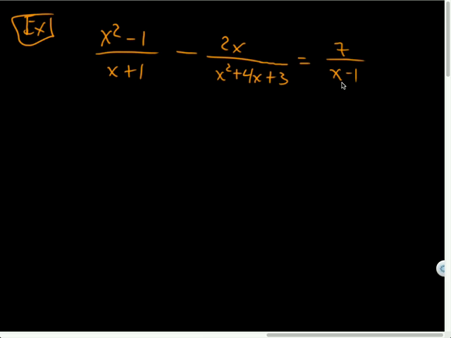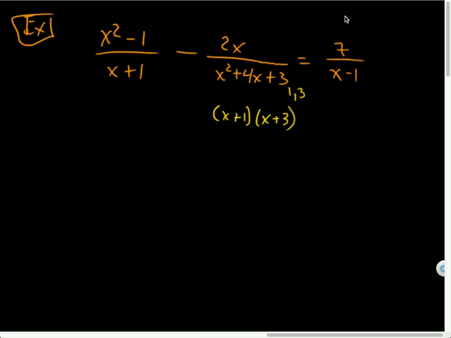Yeah, let's do this. So, looking at these denominators, I can't really find the LCD until they're all factored. So which of these, if any, can be factored? Yeah, that can just be classic factored, right? That's going to be x plus 1 times x plus 3, I believe.